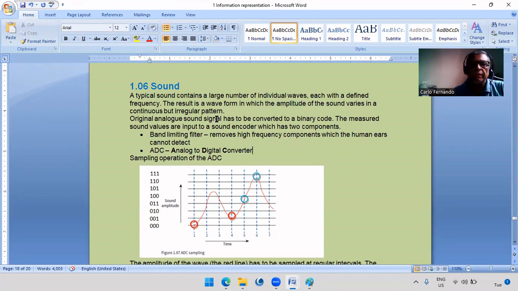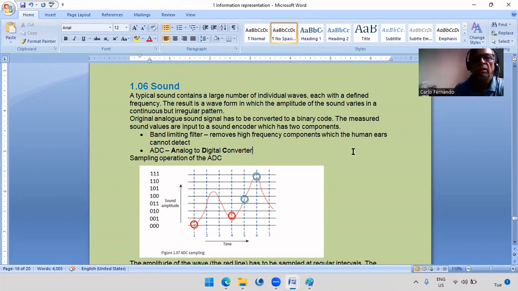When that produces this signal, it's not a digital signal, it's an analog signal. But the computer doesn't understand analog. So the measured sound values are put into a sound encoder which has two components. You have to convert the recorded sound into binary codes.